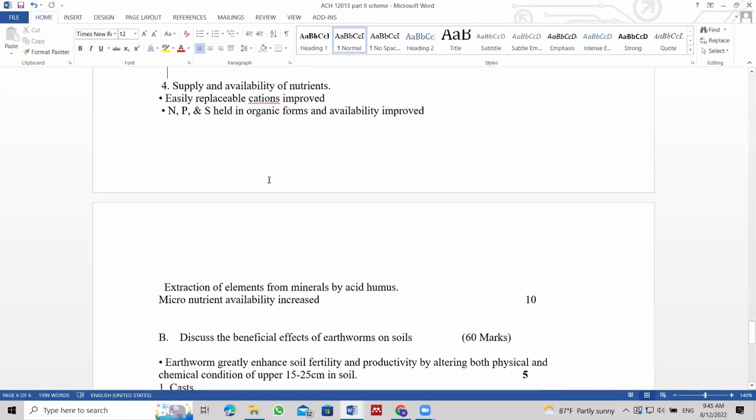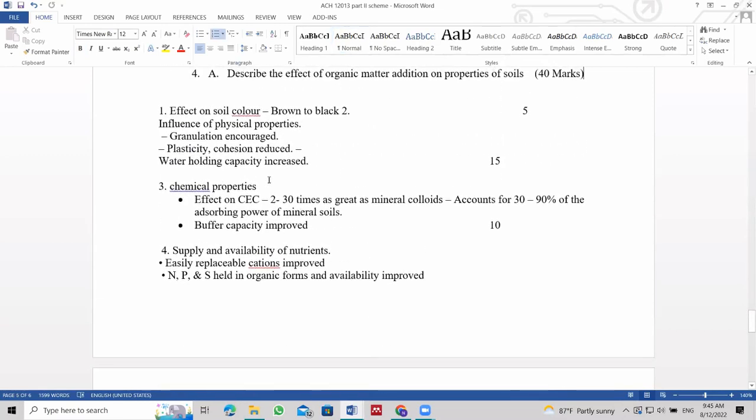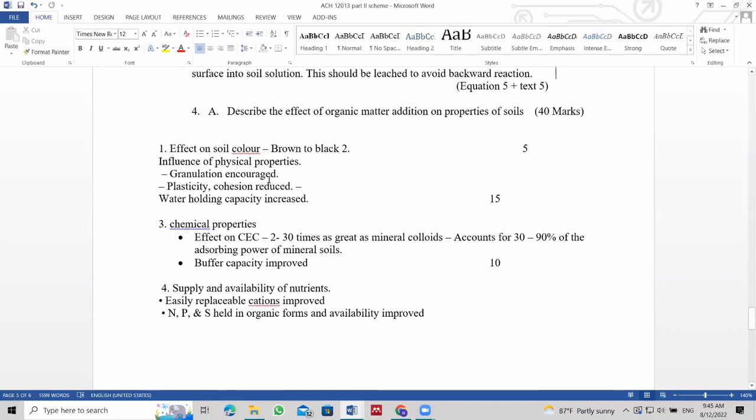But if you are asked what are the factors affecting the organic matter content, in climatic factor you have to discuss temperature and maybe rainfall, and how organic matter content is affected. Then management practices also will affect the organic matter content.